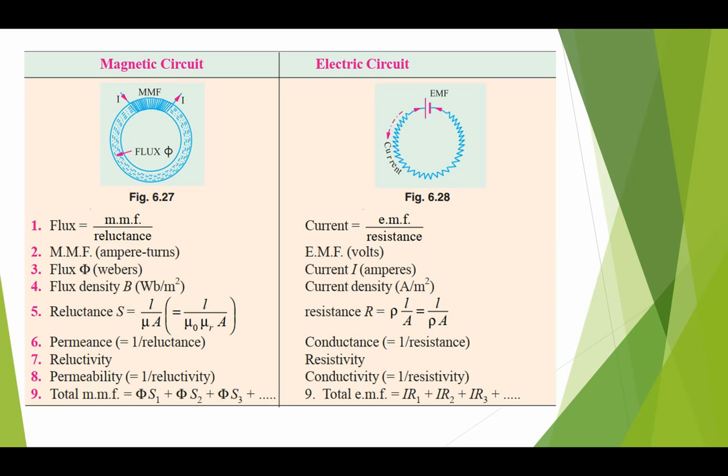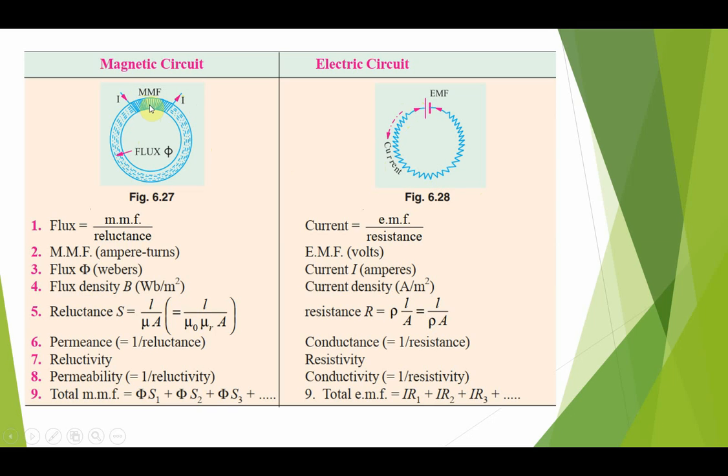This is the comparison between a magnetic circuit and an electric circuit. We all know about the electric circuit, that we have a source, a wire and a load. This way current flows, and we have a closed circuit. In a magnetic circuit we have a coil, MMF, with current flowing in this winding.